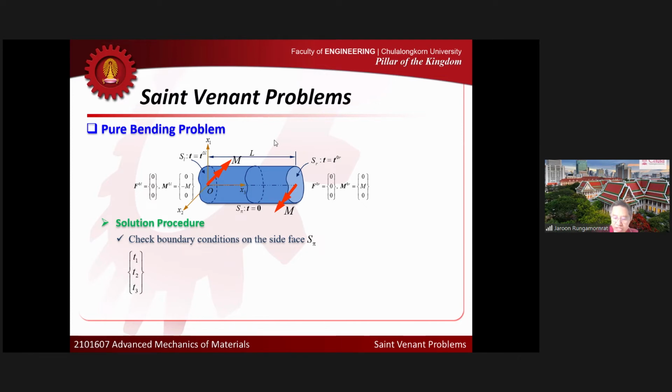How can we generate traction at a point on the side face? We just simply use the Cauchy formula, right? We just multiply the guessed stress field by the outward unit normal vector, right? Again, because the body here is a cylinder, the outward unit normal vector is simply n1, n2, and 0.